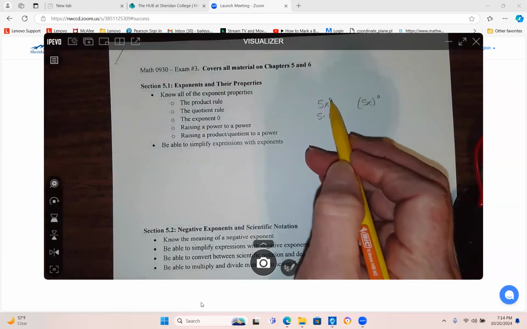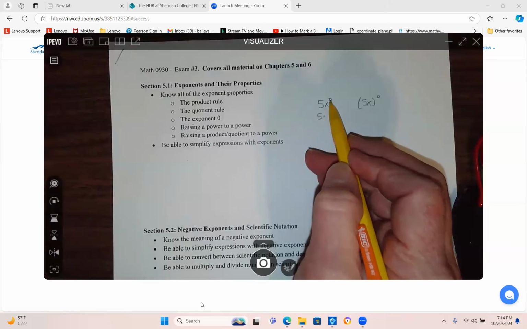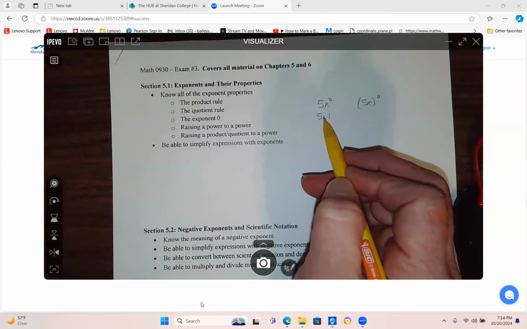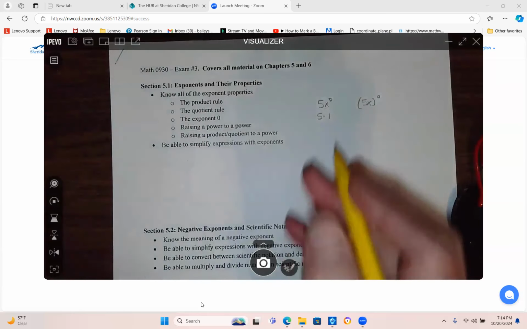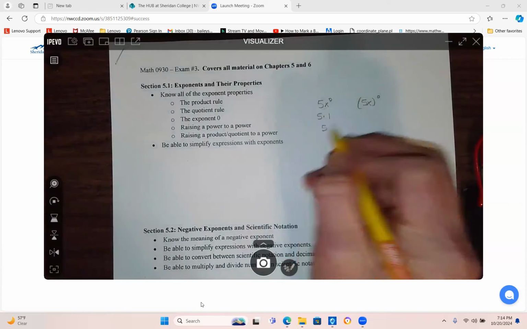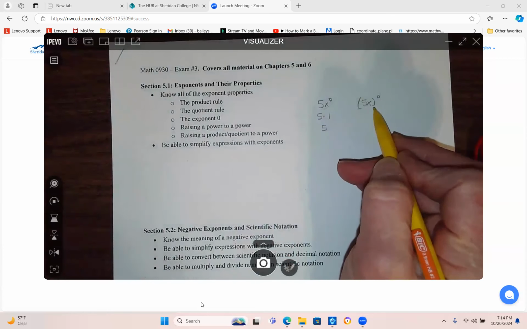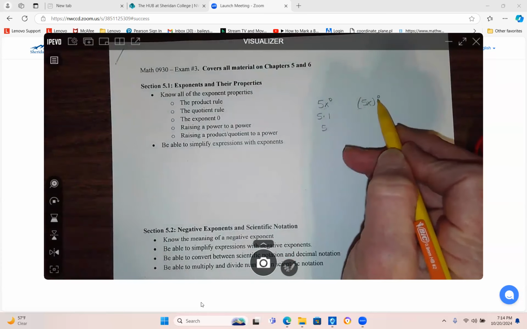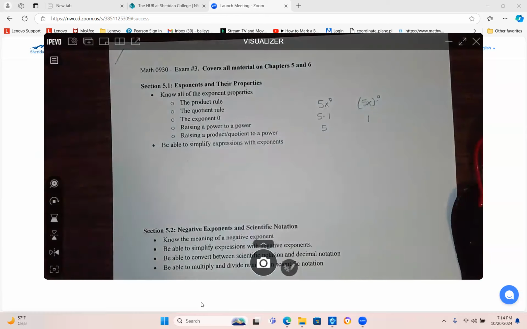Here, there are no parentheses, so the exponent gives you x to the 0, which is 1, and then you multiply after exponents in PEMDAS. So the answer here is 5. Here, because the 5 is in the parentheses, it's included with the 0 power. So there's a difference between these two. Make sure you understand that.